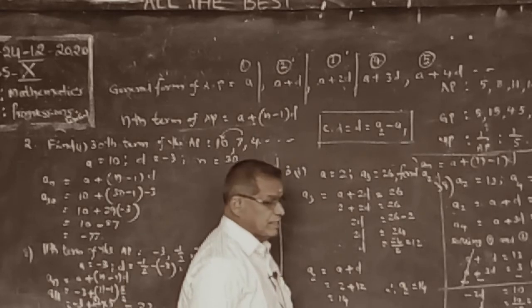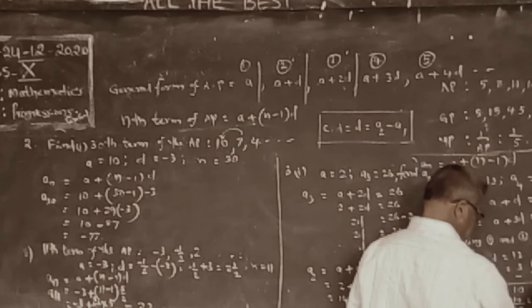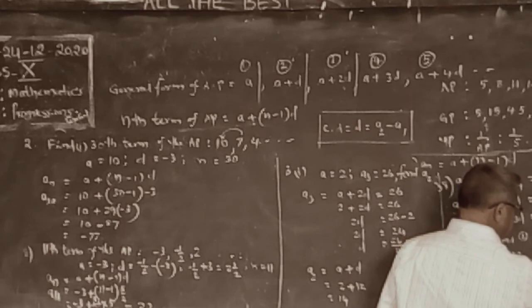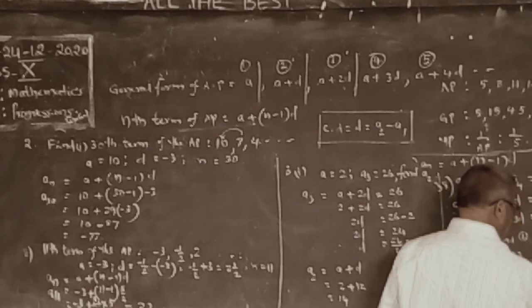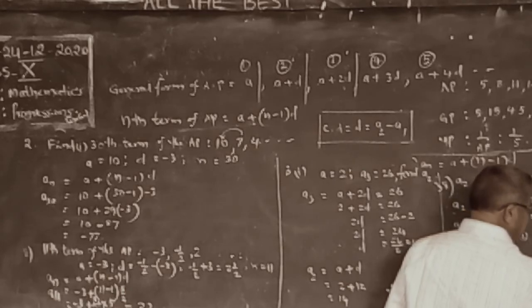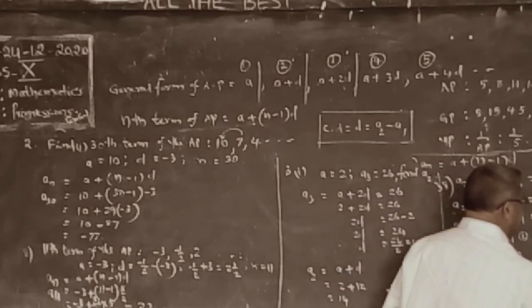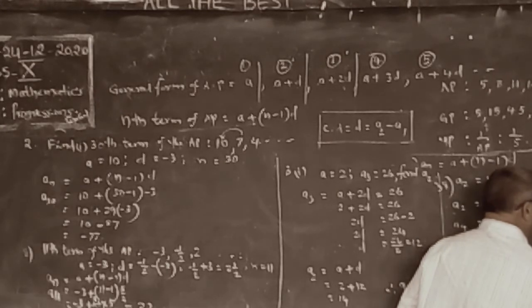The common difference is minus 5. Substitute the D value in equation 1. What is 1? A plus D is 13. D is minus 5, so A minus 5 is equal to 13. A is equal to 13 plus 5. A is equal to 18.